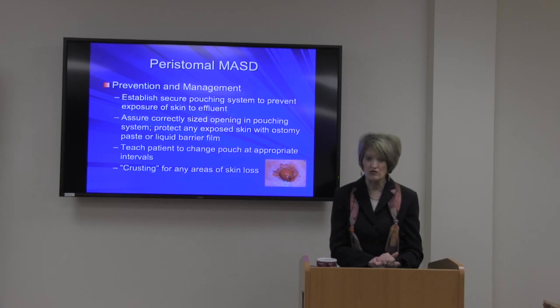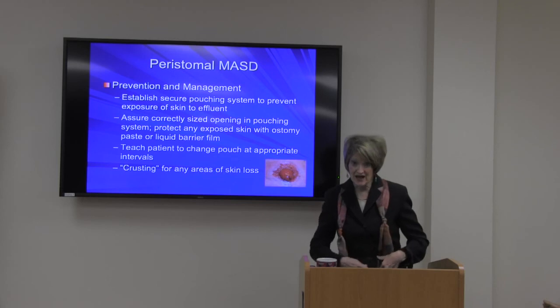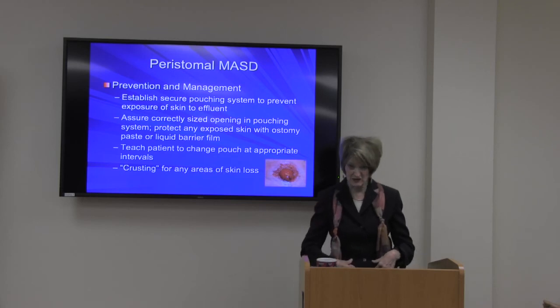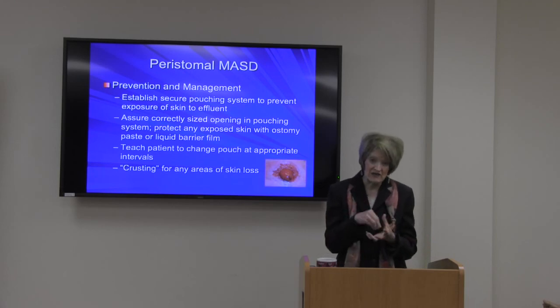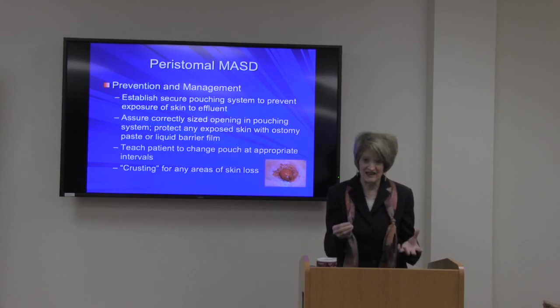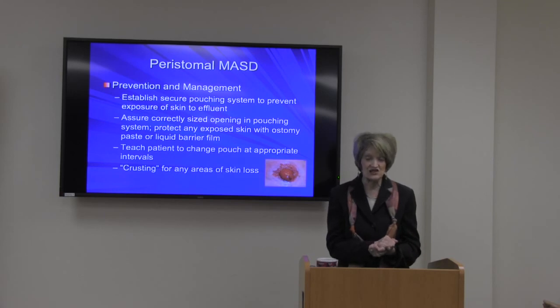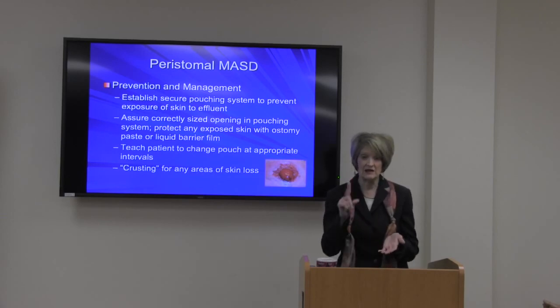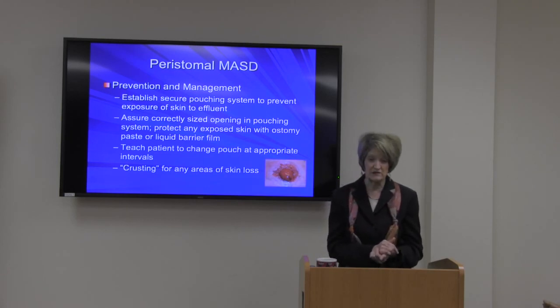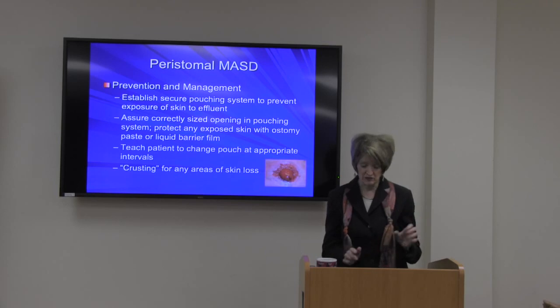So I don't want them to just tape the outside edges with pink tape so they can get 2 more days. If the pouch is leaking on the inside edge, I want them to take it off and put a new pouching system on. And I want to teach them the crusting procedure, which is sprinkle on ostomy powder, dust off the excess, and if necessary, spray with an alcohol-free barrier film so that they know how to manage areas of breakdown.